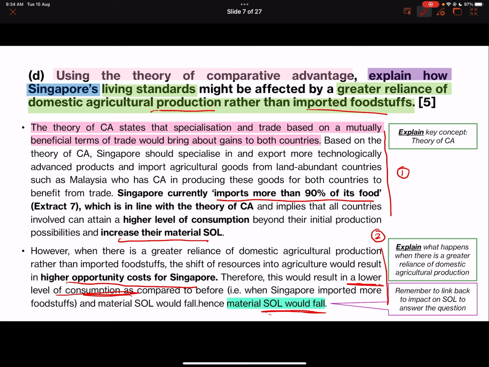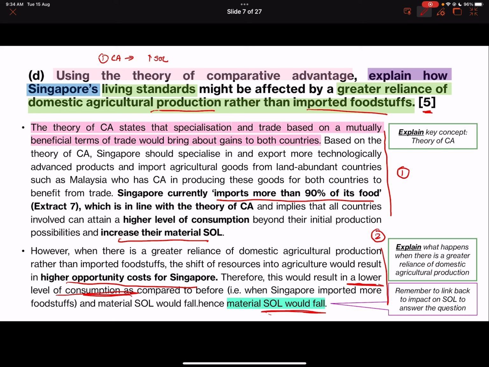As much as I feel the answer is important, what's more important is I want you to learn the skill. These kinds of questions really require you to do your thinking step by step. So I start off by saying, here's what the theory of CA says: if I have certain factor endowments and I specialize in the good that I have a CA in, my SOL is increasing.